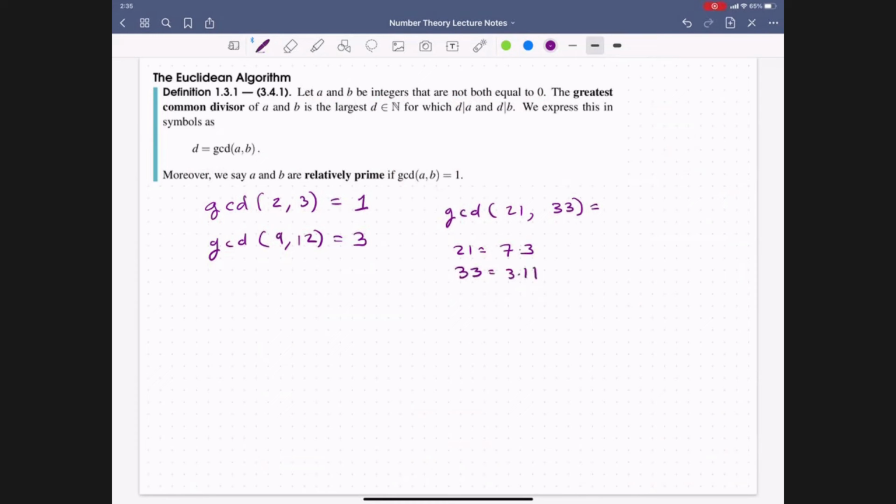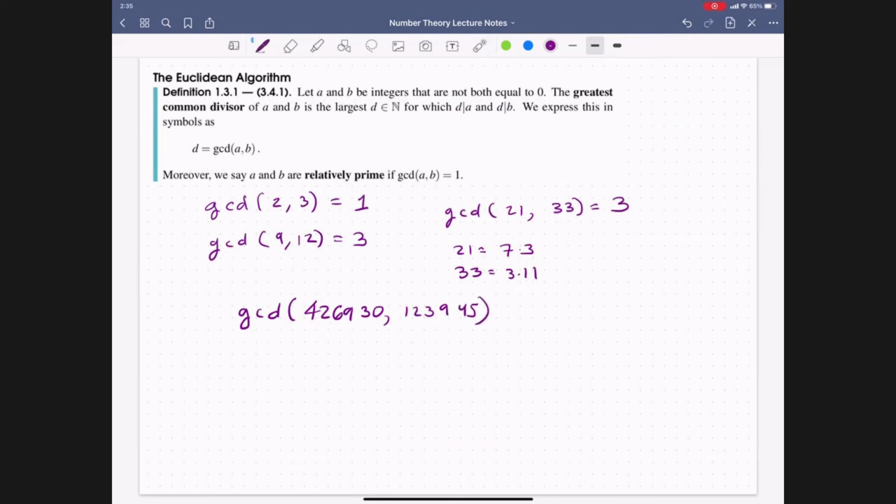And so we can conclude from this that the GCD of 21 and 33 is 3, since we have the prime factorization of both numbers. But what if instead we wanted to compute the GCD of 426,930 with 123,945?